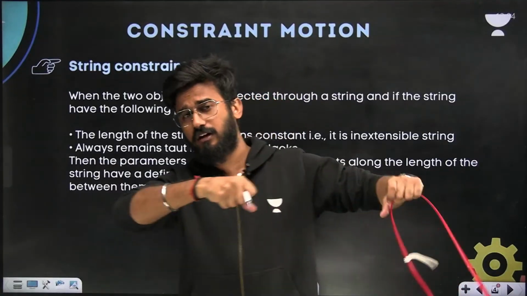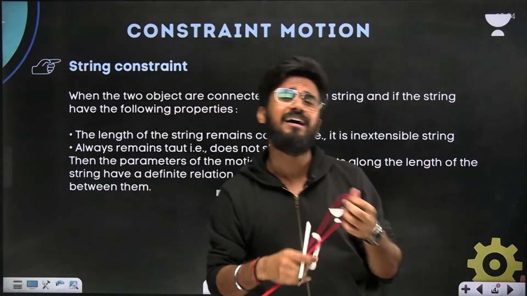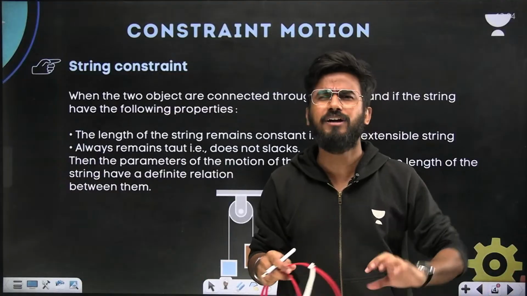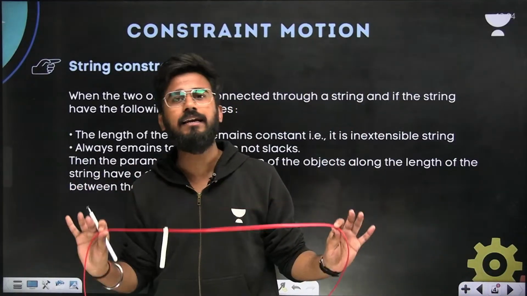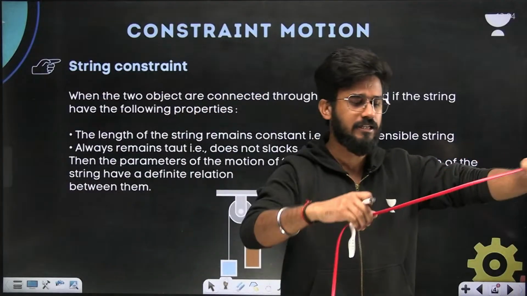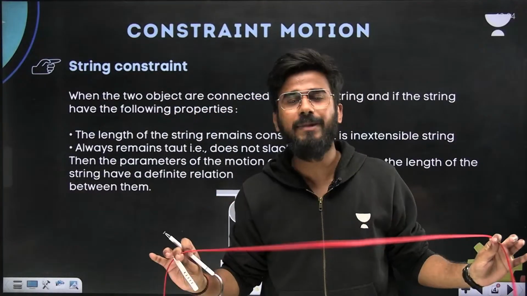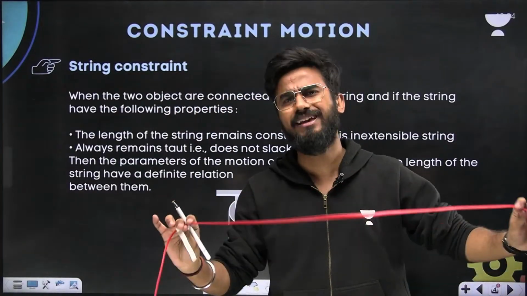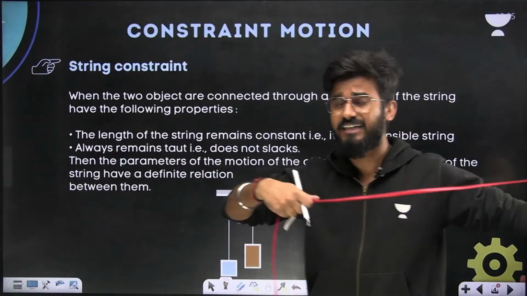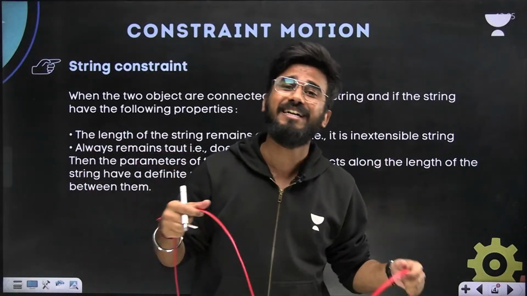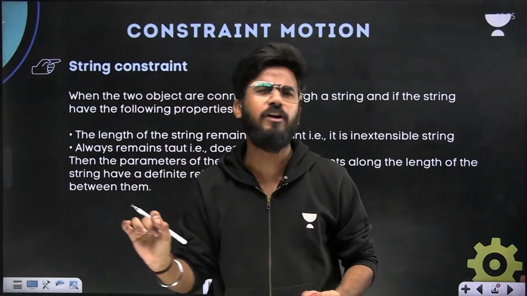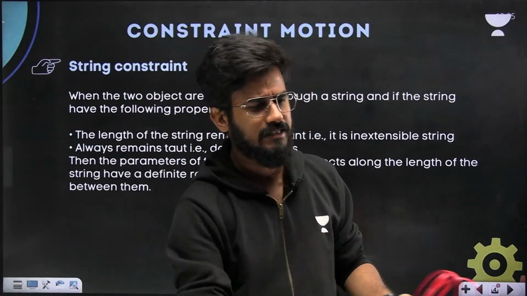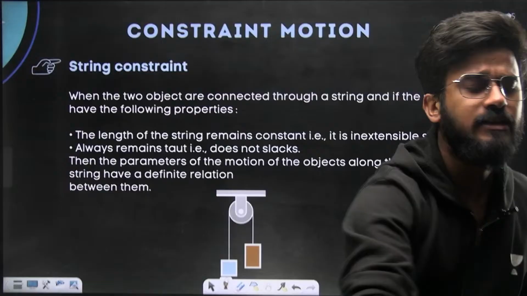A rubber wire will stretch very much, but on the other hand, a metal wire will not get that much extension. But suppose that this is an ideal string. So an ideal string has zero extension. If I'm pulling it, it will not extend at all, not even 0.0000 anything. So this is called the string constraint.